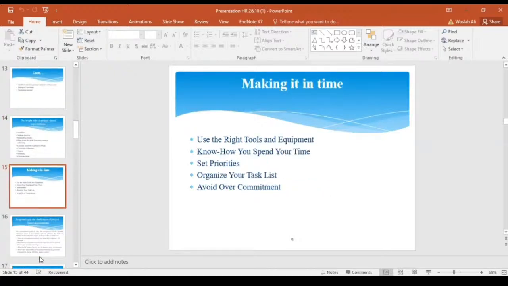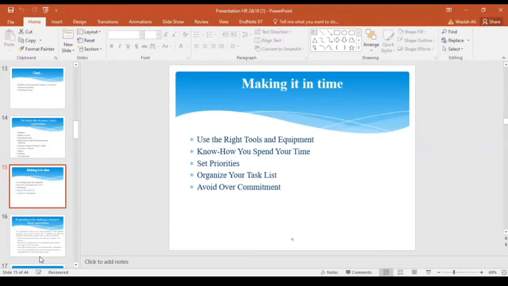Next, what is making it in time? Use the right tools and equipment. We must use the right tools and equipment to execute the project. Number two, know how you spend your time. We must know how we're going to spend our time and manage it according to a timetable. Set priorities.